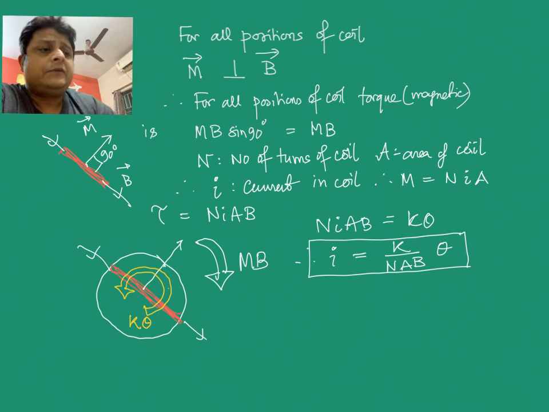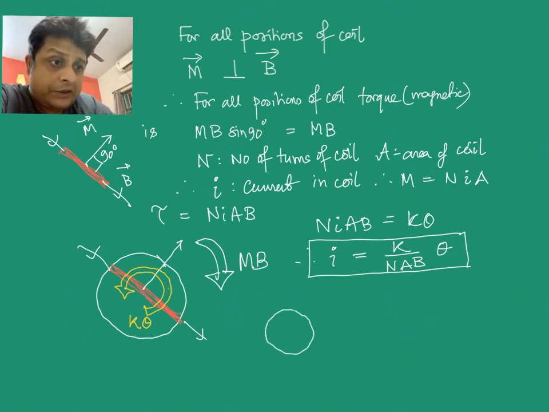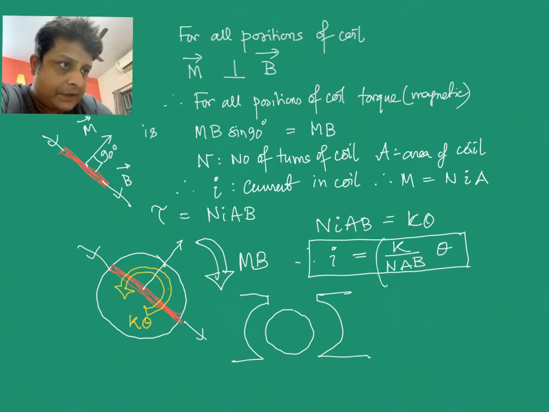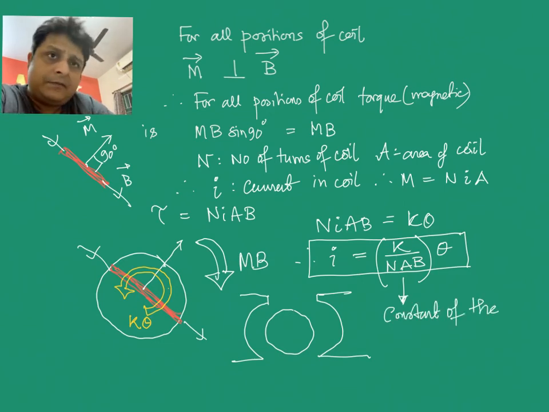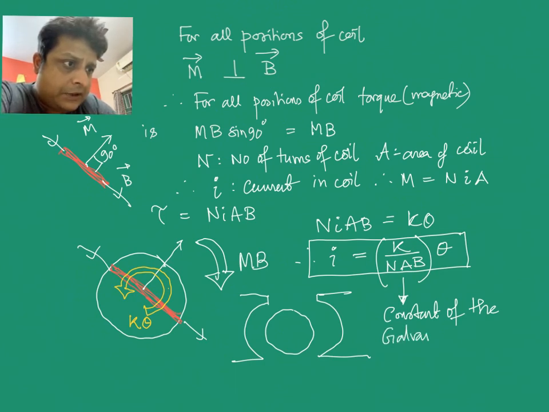So K by NAB is the constant of the galvanometer. I am drawing the diagram shortly after this. This is the constant of the galvanometer.